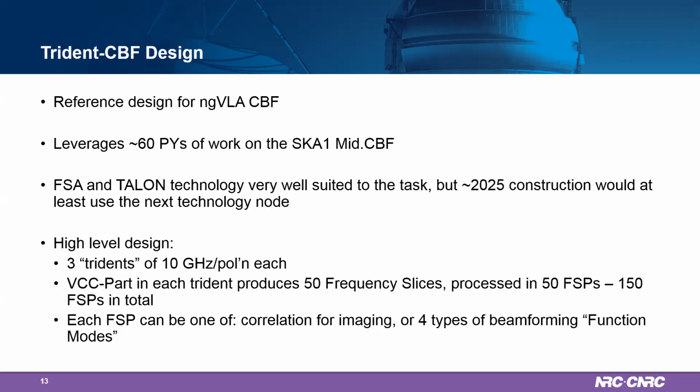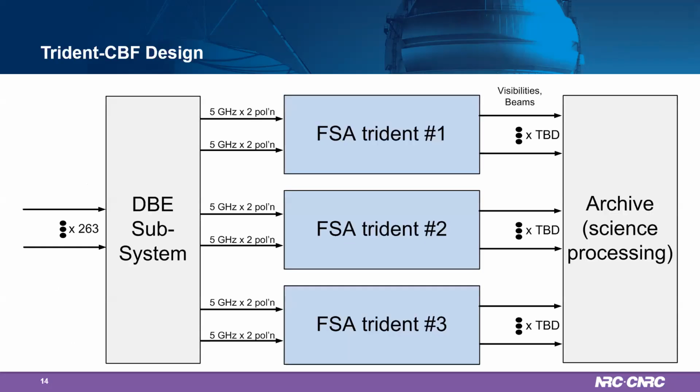The VCC part in each Trident produces 50 frequency slices, and then there are 50 frequency slice processors that can be configured to do the imaging correlation or beamforming. Across the 3 Tridents, there are 150 FSPs in total, and each FSP can be in one of the modes for correlation for imaging or 4 types of beamforming, which we'll see in a minute.